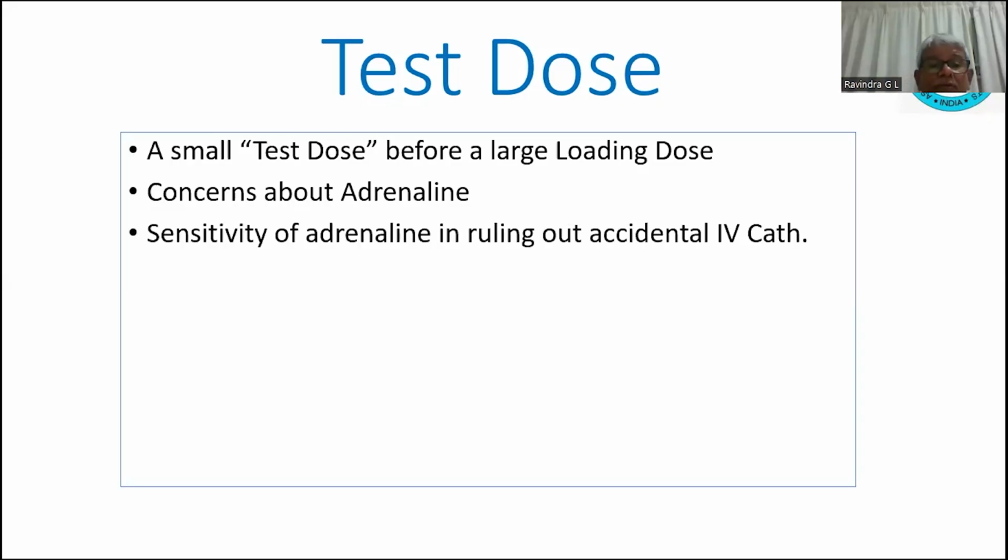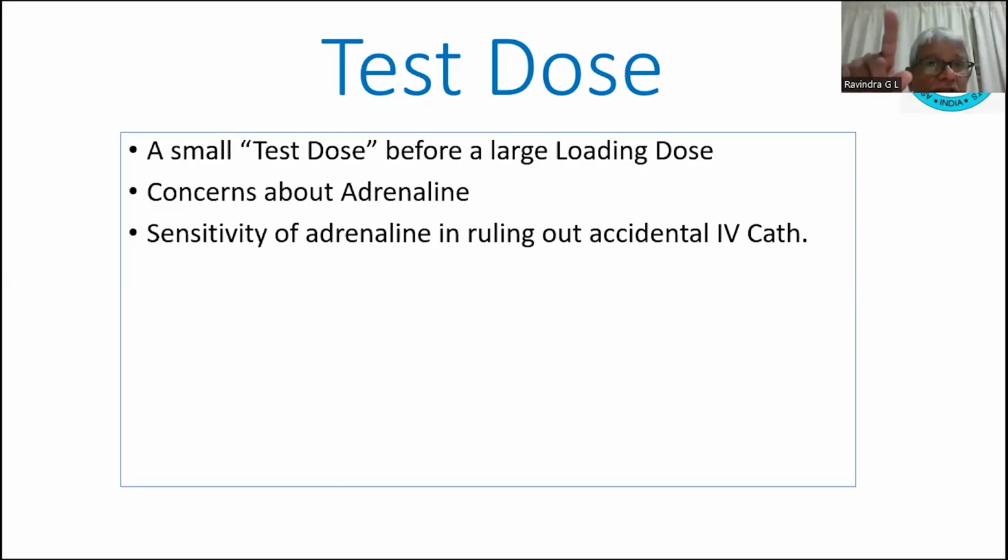The third problem is the sensitivity of adrenaline in ruling out accidental IV catheter placement. For example, we give a test dose because we want to rule out an accidental intravenous or an accidental intrathecal placement of the catheter. Now, most patients, when you place an epidural catheter, are in active labor. And during contractions, you know what happens to the heart rate.